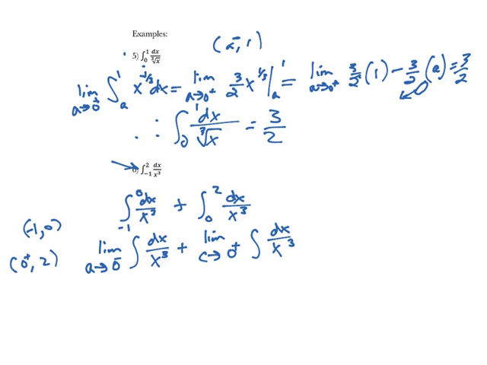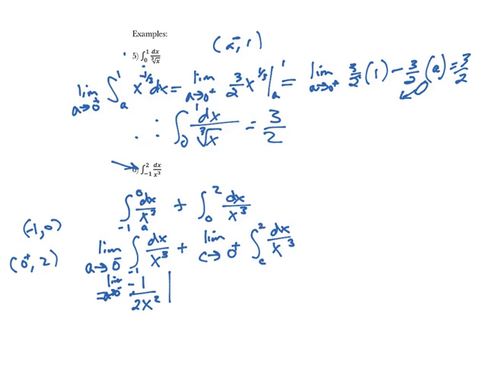So when I integrate, x to the negative 3 gives x to the negative 2 over negative 2. So that is negative 1 over 2x squared. Don't forget there's still a limit here, a approaches 0 from the left. Oops, I didn't put these in here.